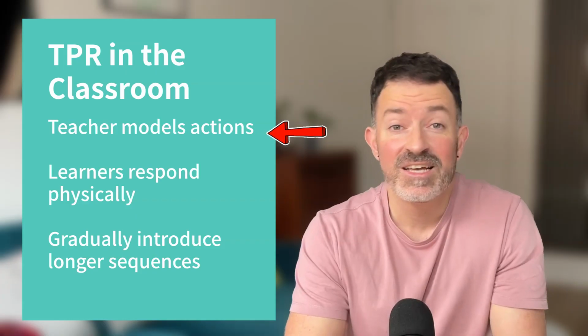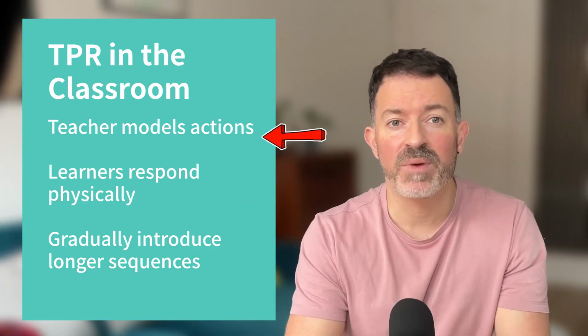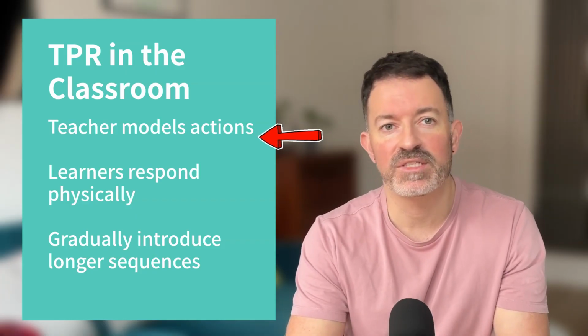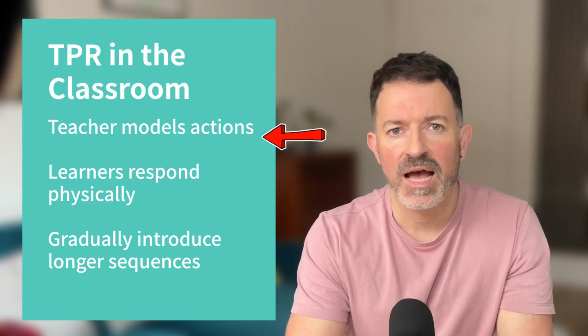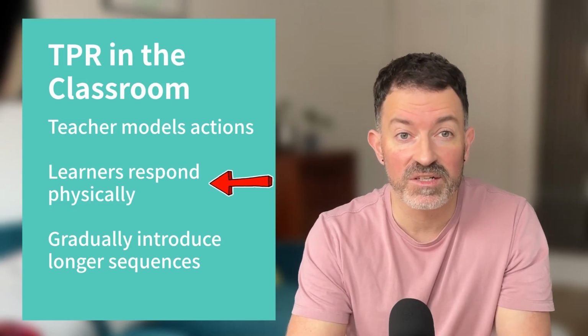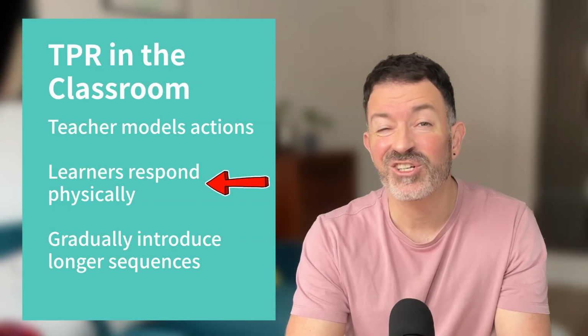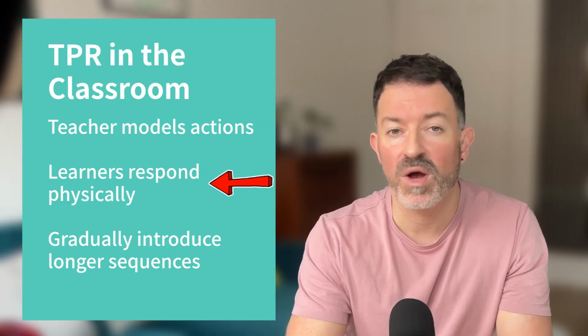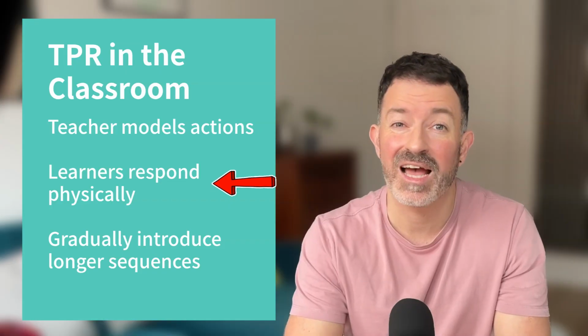Let's think a little bit then about TPR in the classroom. A typical TPR lesson follows a clear and structured sequence. The teacher begins by modeling actions while giving commands. For example, the teacher might say stand up and stand up at the same time. So the teacher also has to be physical in this classroom. Next, the teacher gives commands and learners respond physically. At this stage, students do not have to speak.